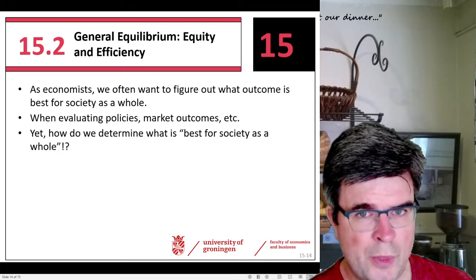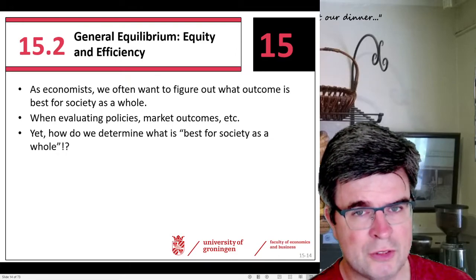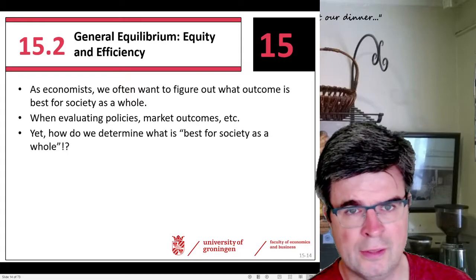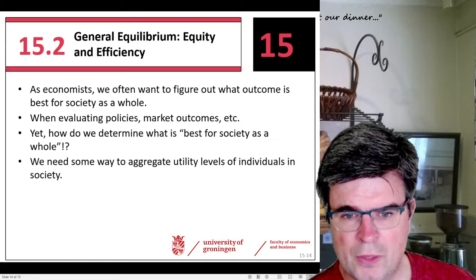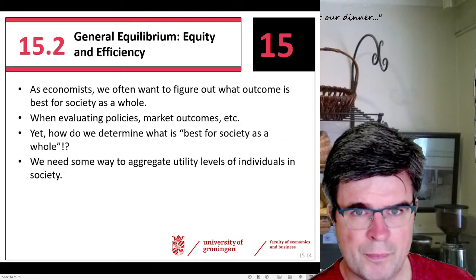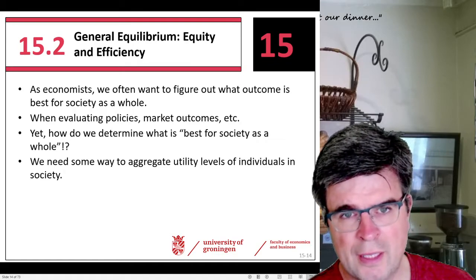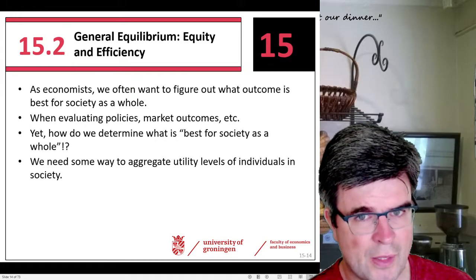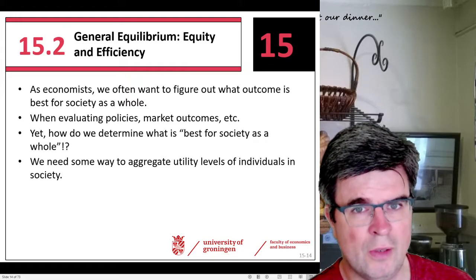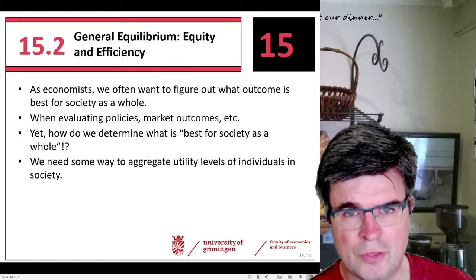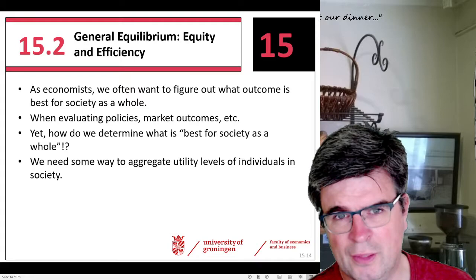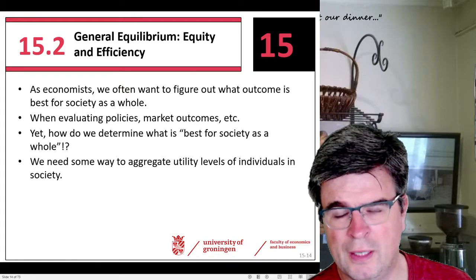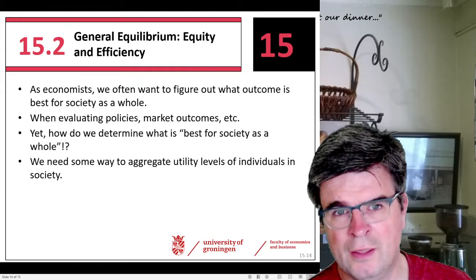But how do we determine what is best for society as a whole? Because that's a rather vague concept. In some sense, we need to aggregate the utility levels of all the individuals in society. If the utility of a person is an indicator of his well-being, then the sum of all the utilities should be an indicator of the well-being of society as a whole.